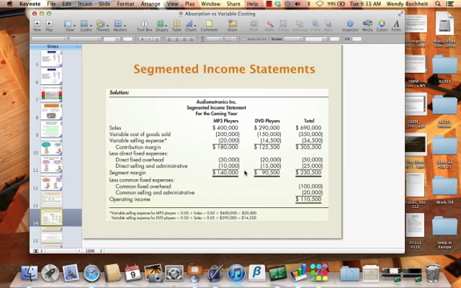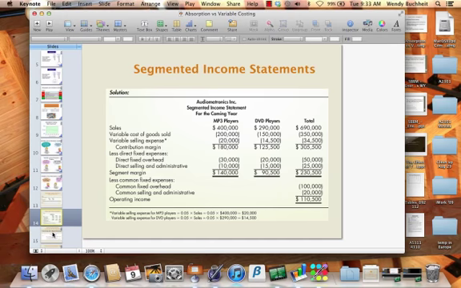We have some direct fixed cost that you can attribute to the segment, in this case MP3 players, or over here DVD players. And then we have some fixed costs that we simply don't know what to do with. They relate to both products. We're not exactly sure how. That's kind of the argument for segment reporting. We'll see more arguments later.